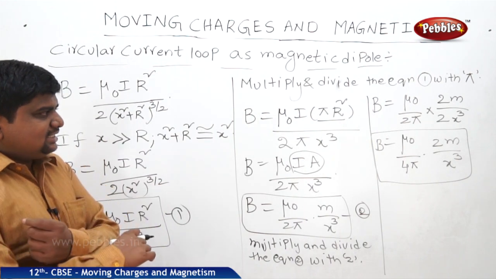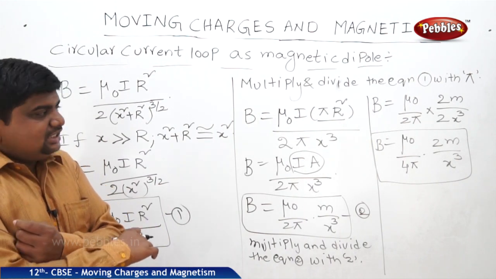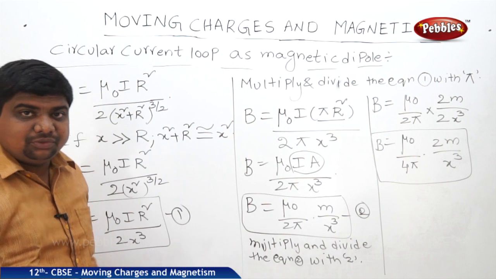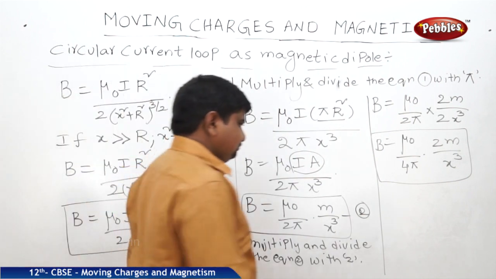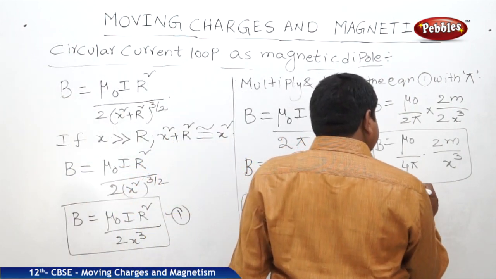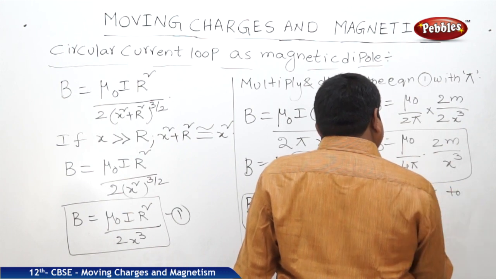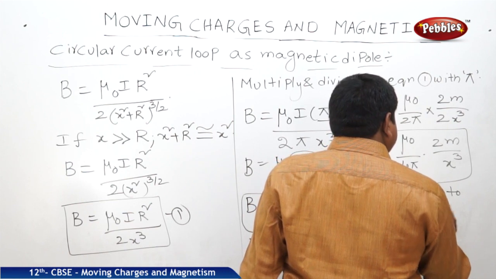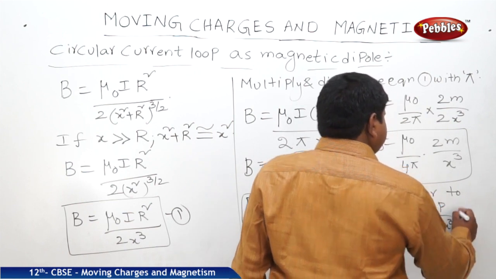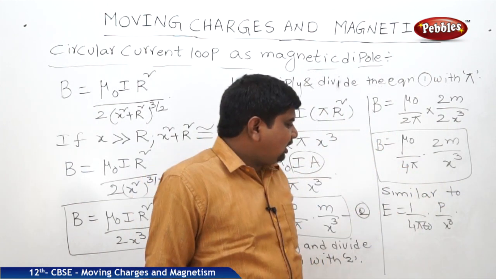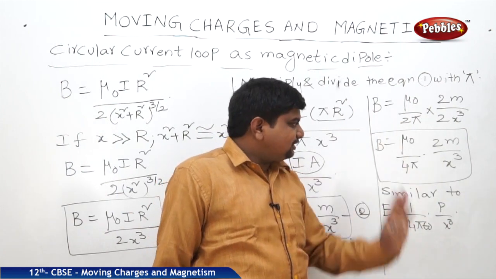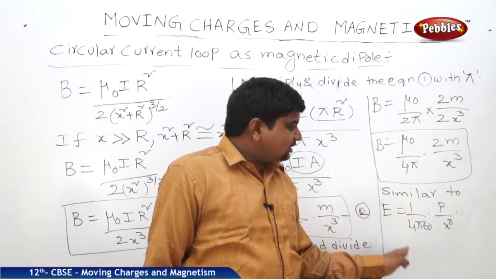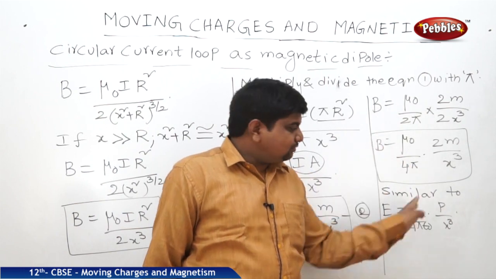And this is similar to E is equal to 1 by 4 pi epsilon naught into p by x cube. So we can write mu naught is analogous to 1 by epsilon naught, and p is analogous to 2m. This analogy will lead to other results. We will see that.